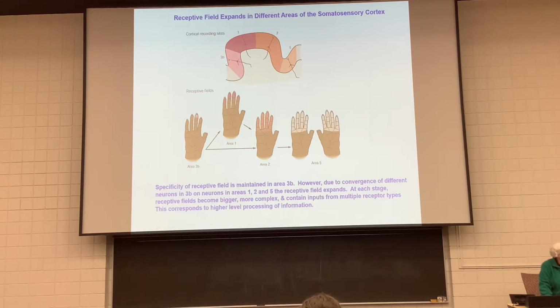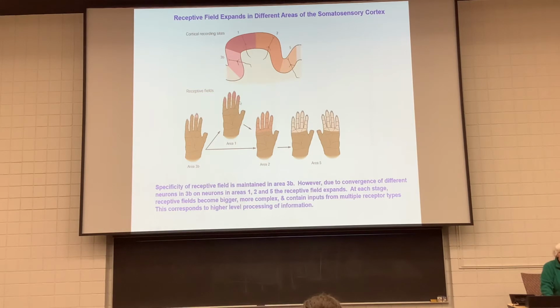So area 3, we can localize it, but now when area 3 projects to area 1 or area 2, notice that those neurons, the representation, the receptive fields, expand. So a neuron here in area 1 may respond to input from the tips of all of the digits.